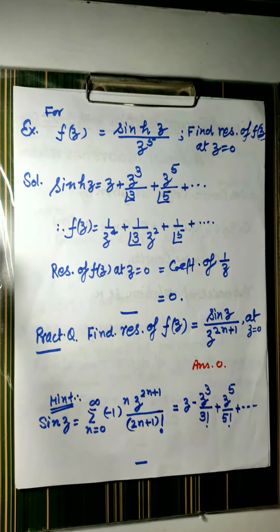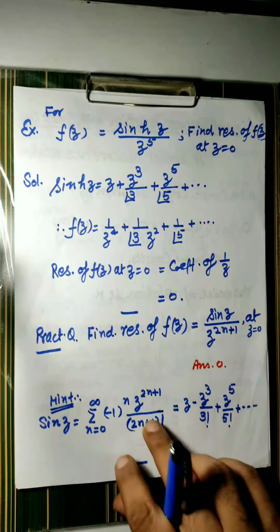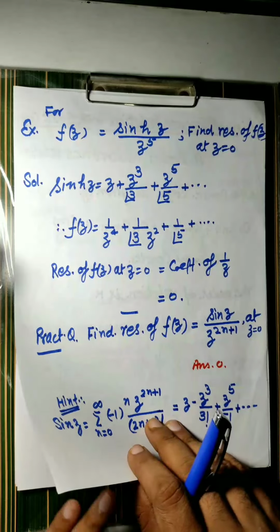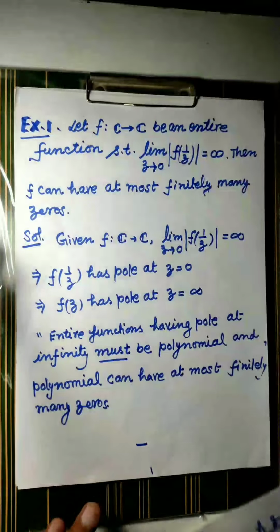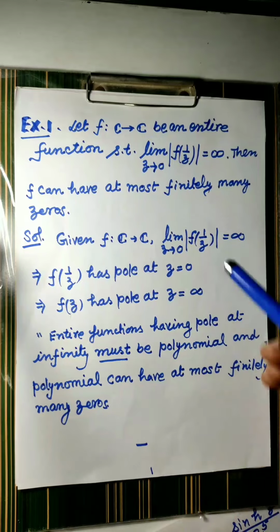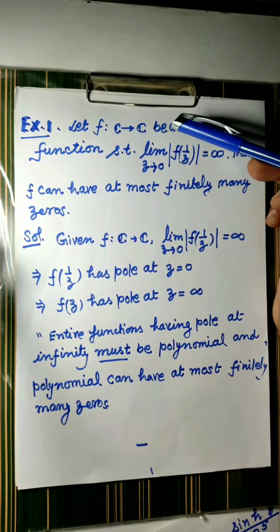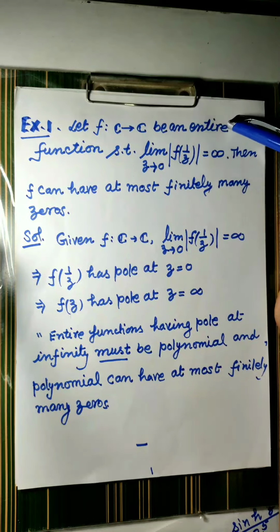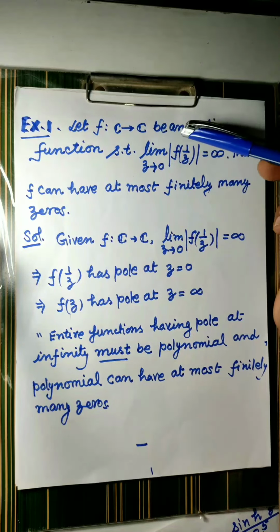So we are working on miscellaneous questions of complex analysis. Next question we have. Let f be a function from the complex plane to the complex plane, an entire function.